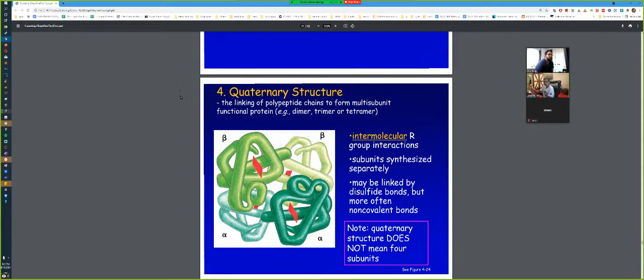So myoglobin does not have quaternary structure, and hemoglobin does. They have an image here of what I believe to be hemoglobin.